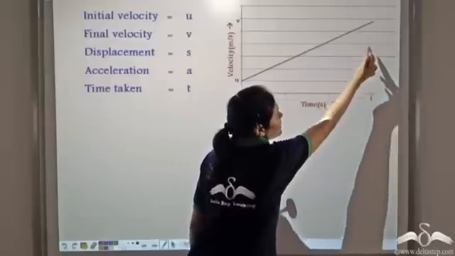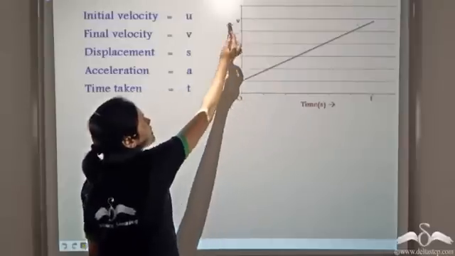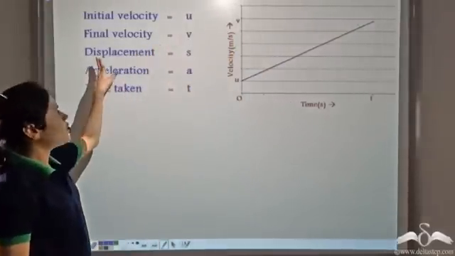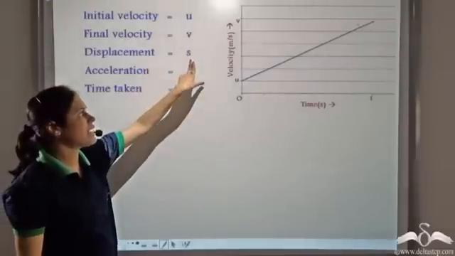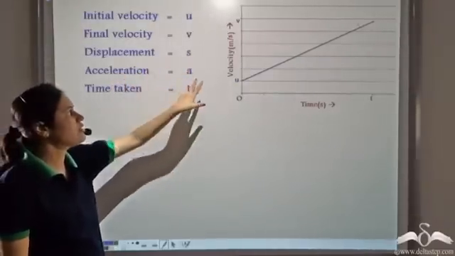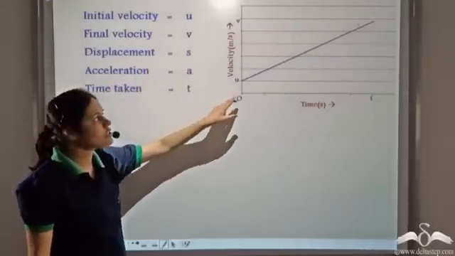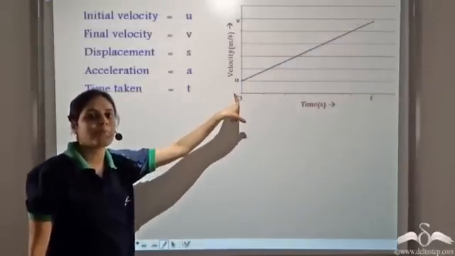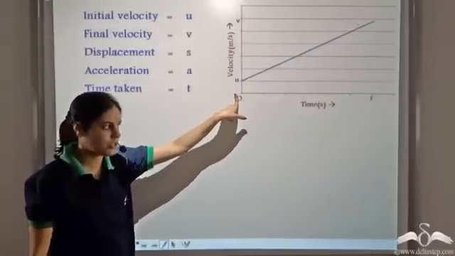Velocity at time t is v. So the final velocity is v. We denote displacement by s and acceleration by a. Note that this velocity time graph is a straight line, hence it represents constant acceleration.